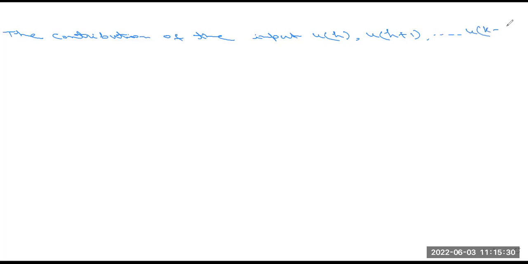So the contribution of the input is u of h plus 1, and so on up to u of k minus 1.